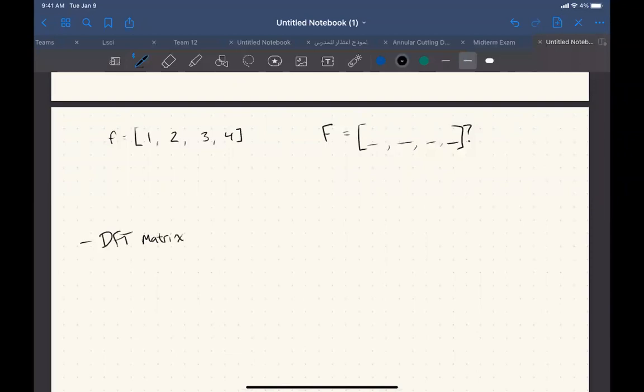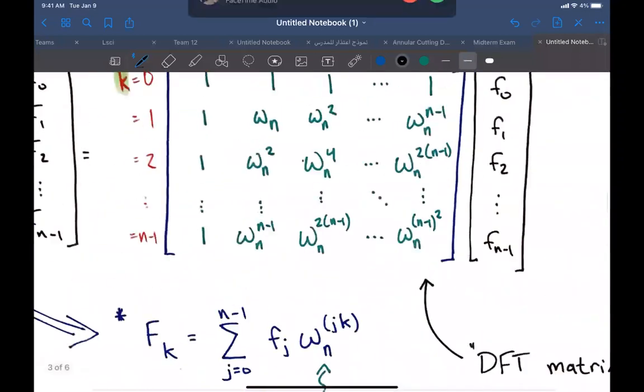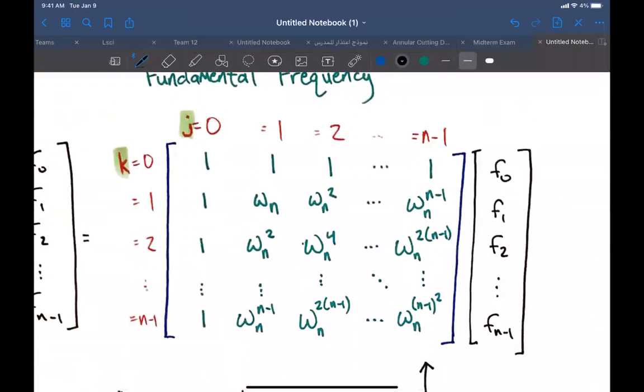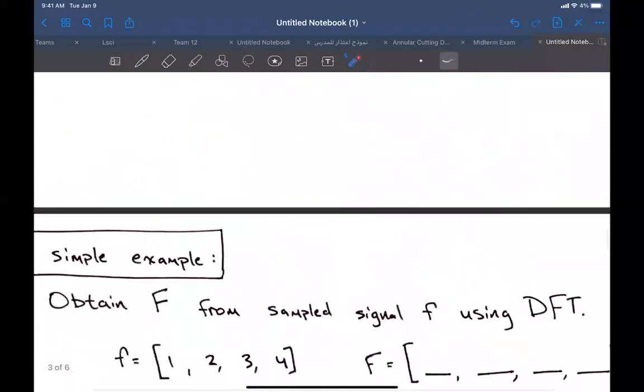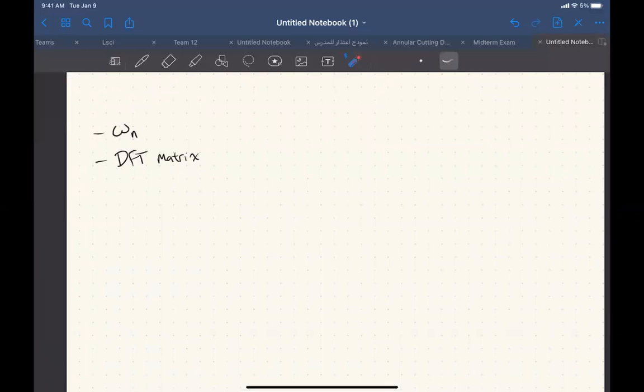But in order to determine the DFT matrix, first, we need to determine what omega n is, because the DFT matrix is just, if you look back here, some function of omega n's. Okay, so let's go back down here. These are our steps. Determine omega n, then the DFT matrix.